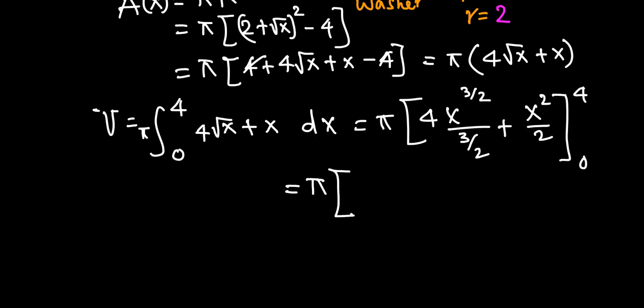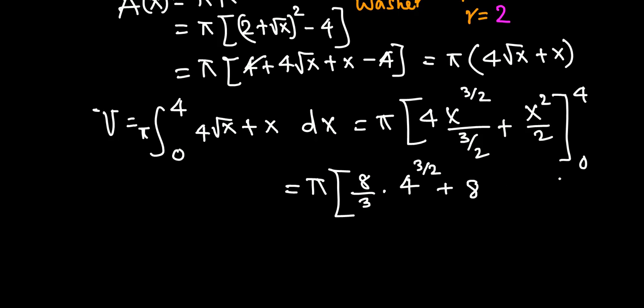Pi outside, 4 times, dividing by 3/2 becomes multiplying by 2/3, so 4 times 2/3 is 8/3. I want to evaluate this function at the upper limit 4 minus the lower limit 0, which becomes just 0, so no need to mention. So 8/3 times 4 raised to 3/2, plus x squared, 4 squared is 16, divided by 2 is 8.